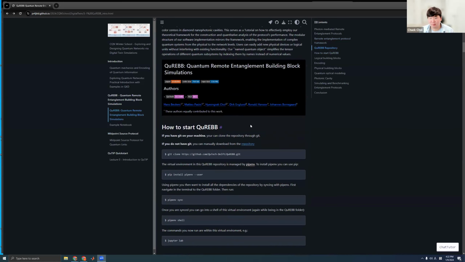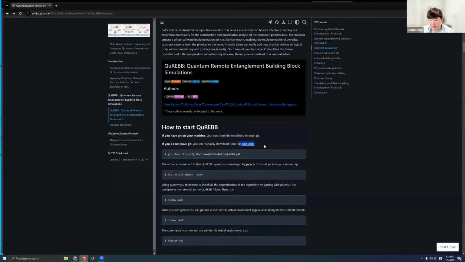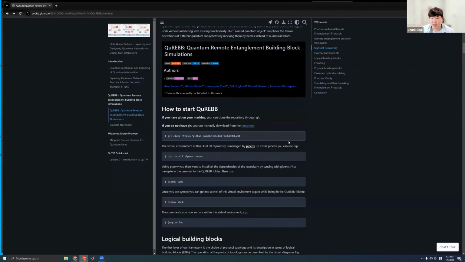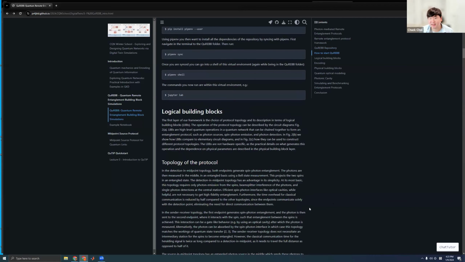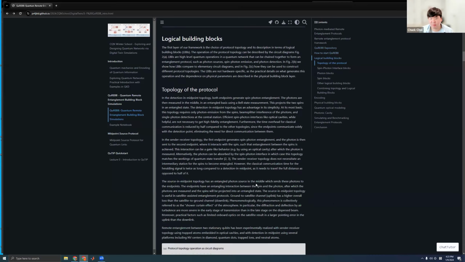We also made a software package to support this framework, which is open sourced in a GitHub repository. You can find the repository link here, or you can just search for QRep GitHub on Google, and we put the installation instructions here. We made a pip environment, so you don't have to worry about all the dependencies or contradictions between the packages.